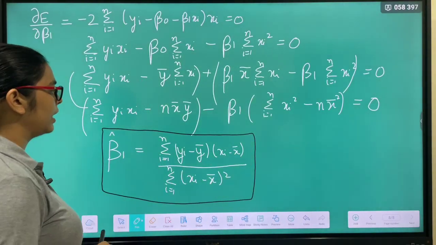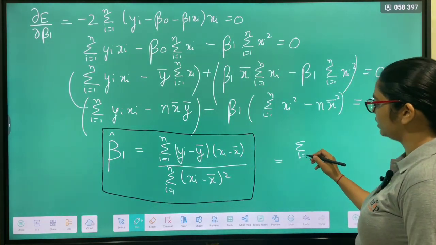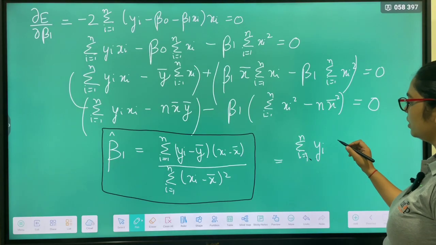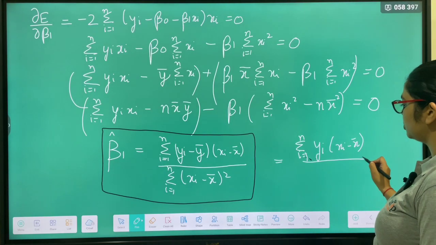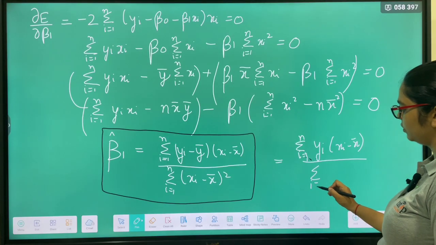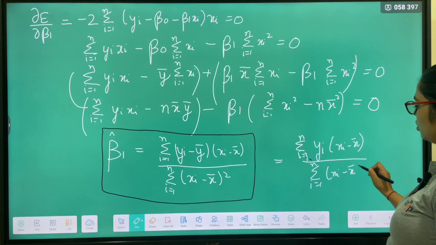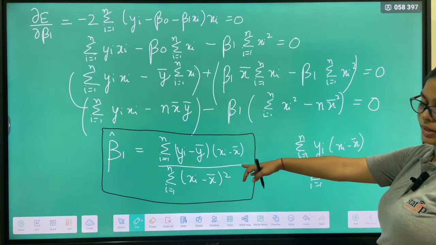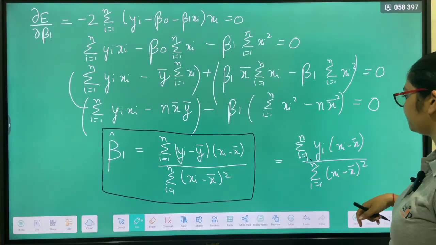And here we can also write this as summation i goes from 1 to n yi into xi minus x bar upon summation i goes from 1 to n xi minus x bar whole square, since y bar into summation xi minus x bar is the mean deviation, which becomes 0.